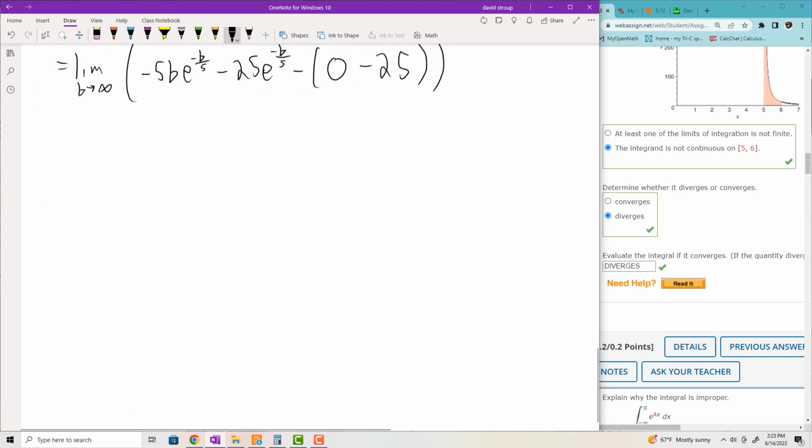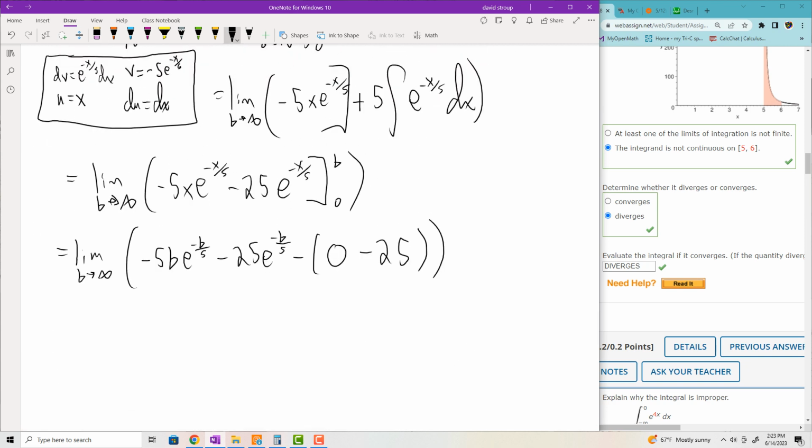In this case, you're going to end up with negative numbers in the exponents. So for instance, just working with that first portion, the limit of negative 5b e to the negative b over 5, as b goes to infinity, if you take a look at your b values, you're going to be getting negative 5.